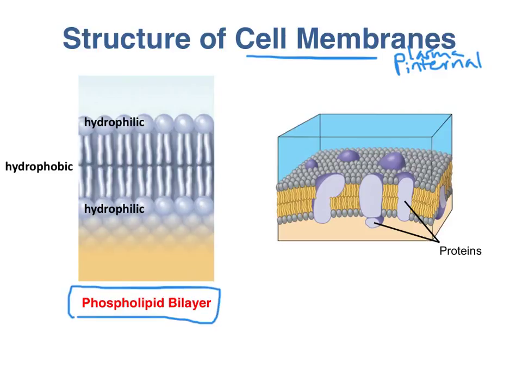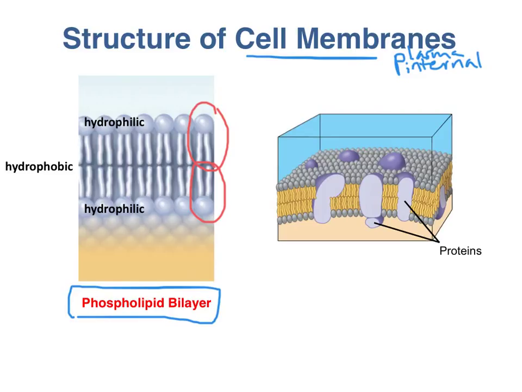So if you remember the kind of hairpin structure of a phospholipid, with the hydrophilic head and the 2 hydrophobic fatty acid tails, these phospholipids line up tail to tail, forming basically this sheet that wraps around the cell.